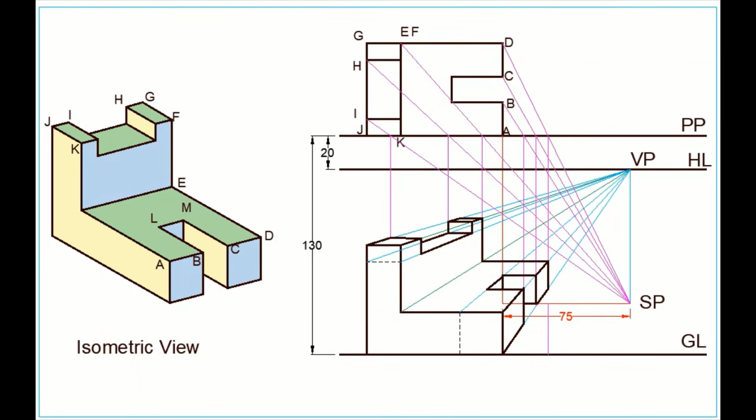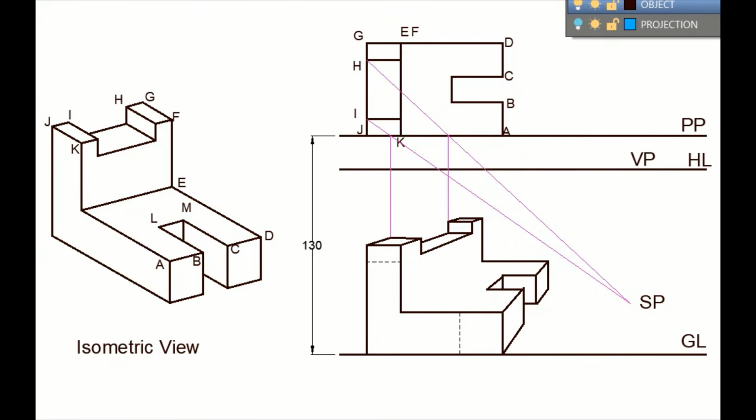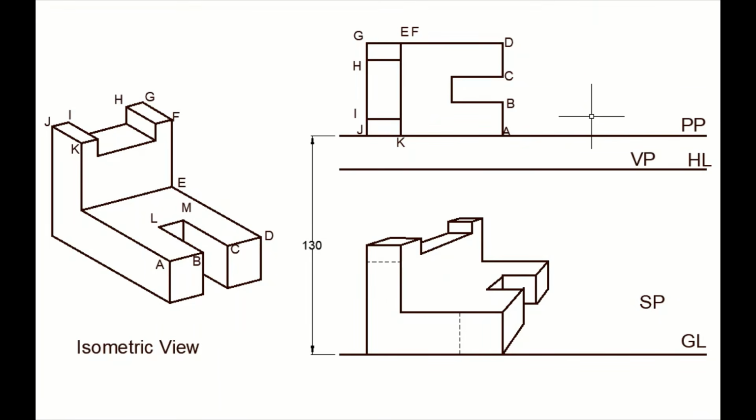Now in AutoCAD you have the liberty to switch off the layers. So I'm now going to switch off all the layers which have these purple, magenta and cyan color lines, so that we can have a clear look at what we have created. So this is the one point perspective. We are still left with one more edge, that is from here to here.